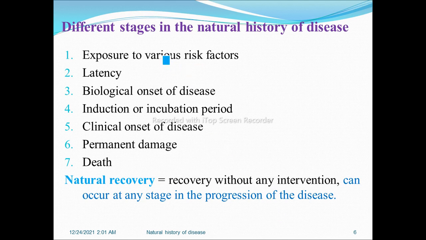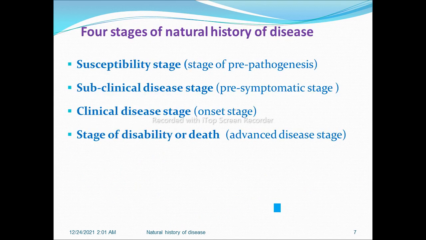Different stages of natural history of disease may include exposure to various risk factors, latency, biological onset of disease, induction period, clinical onset of disease, permanent damage and death. Natural recovery without intervention can occur at any stage of progression of disease. Very importantly, we have 4 stages of natural history of disease.